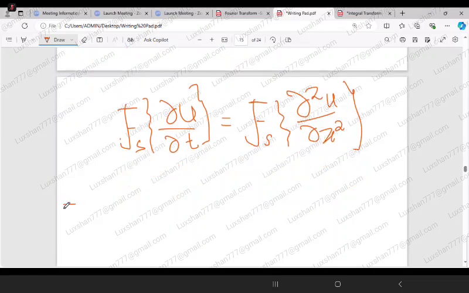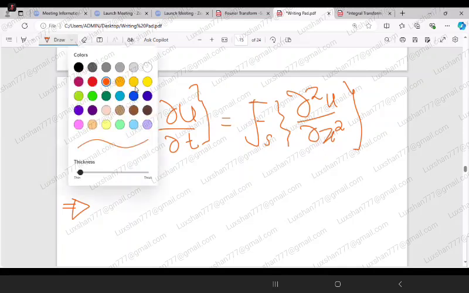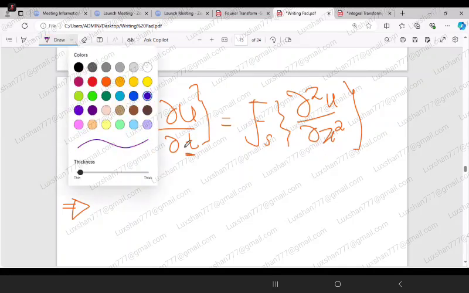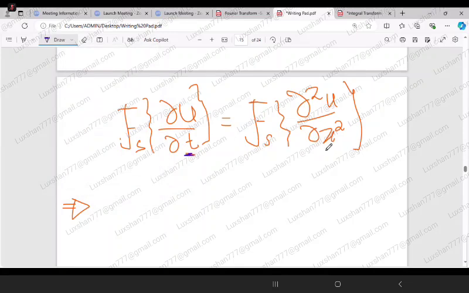Can anybody tell me what this is? This one is with respect to t, and this one is with respect to x.